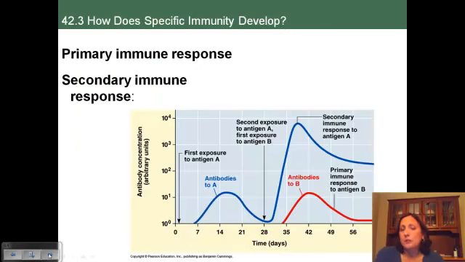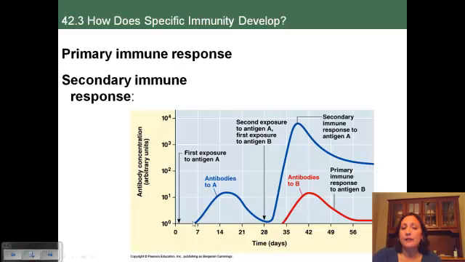Okay, one of the important things about the immune system is that you have a memory. And so here we see a graph of that. Here we have how much antibody you have in your blood, and here's the time. So you get exposed to some kind of antigen here, and it takes a few days of incubation for that antigen to reproduce in high enough quantities and get to its location.